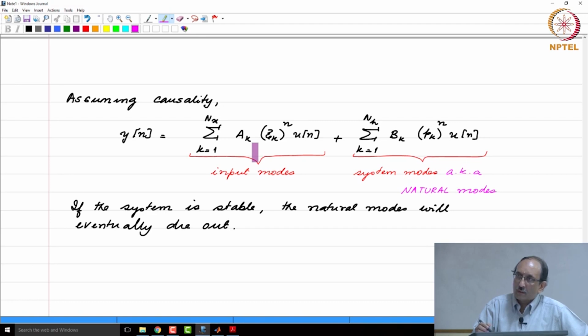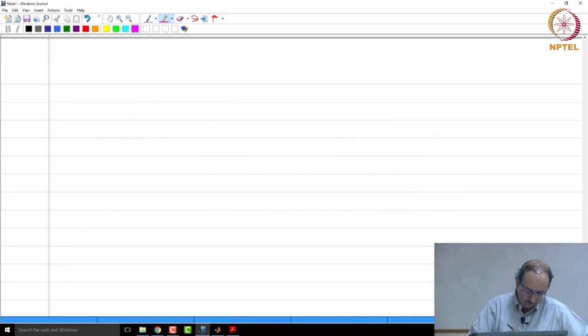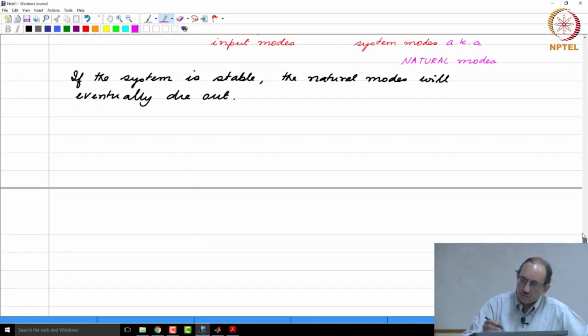So, a suddenly excited system will always contain two parts. One part will correspond to the input modes, the other part will correspond to the natural modes of the system. Now, let us take a simple example to illustrate this.